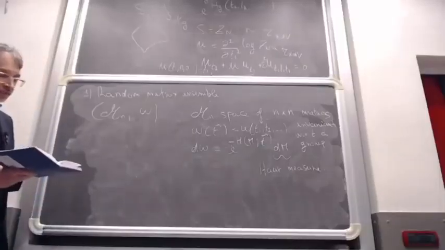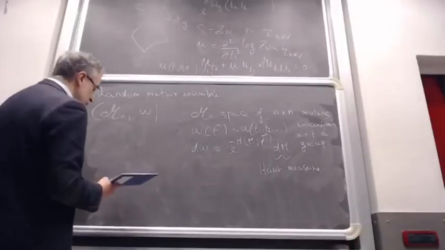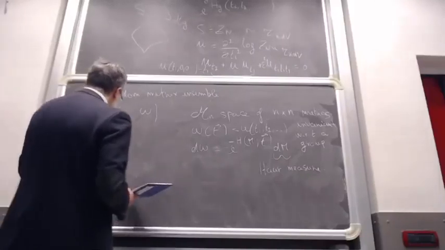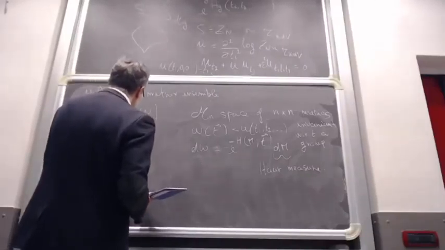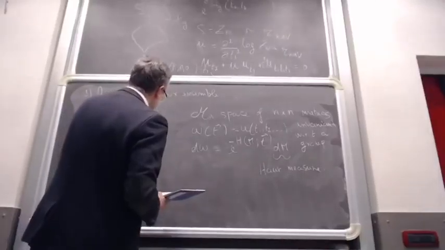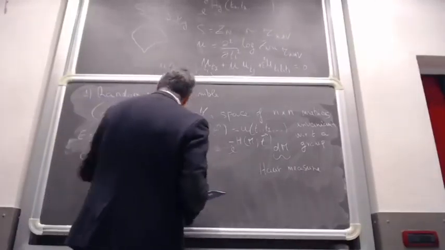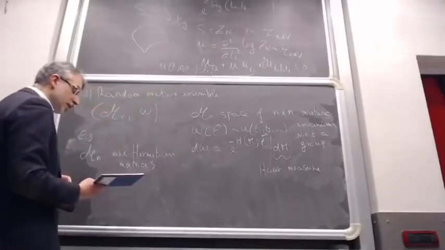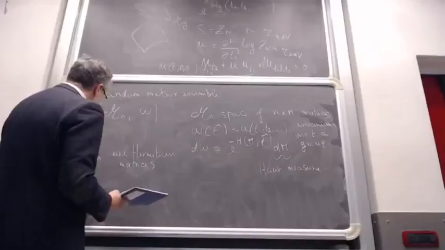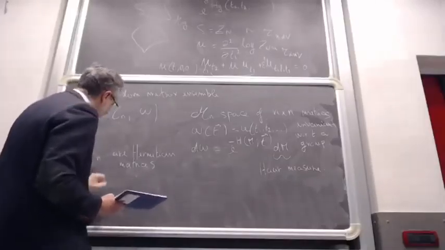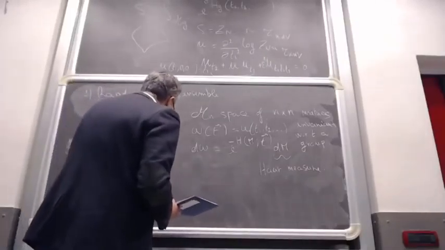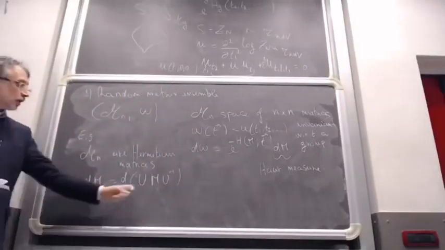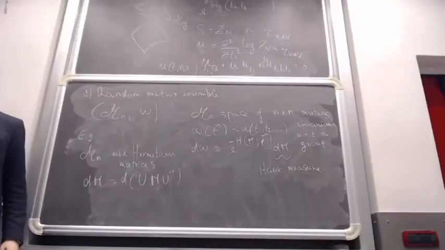In particular, if Mn is the space of Hermitian matrices, this means that dm is invariant under the unitary group, where U is an element of the unitary group.